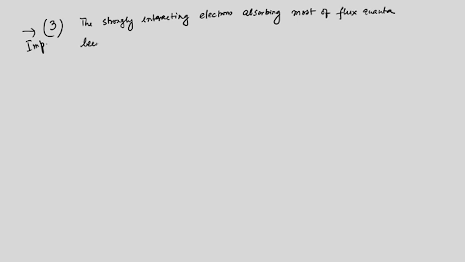So this says that the strongly interacting electrons, absorbing most of the flux quanta rather, become weakly interacting electrons in a weak magnetic field.